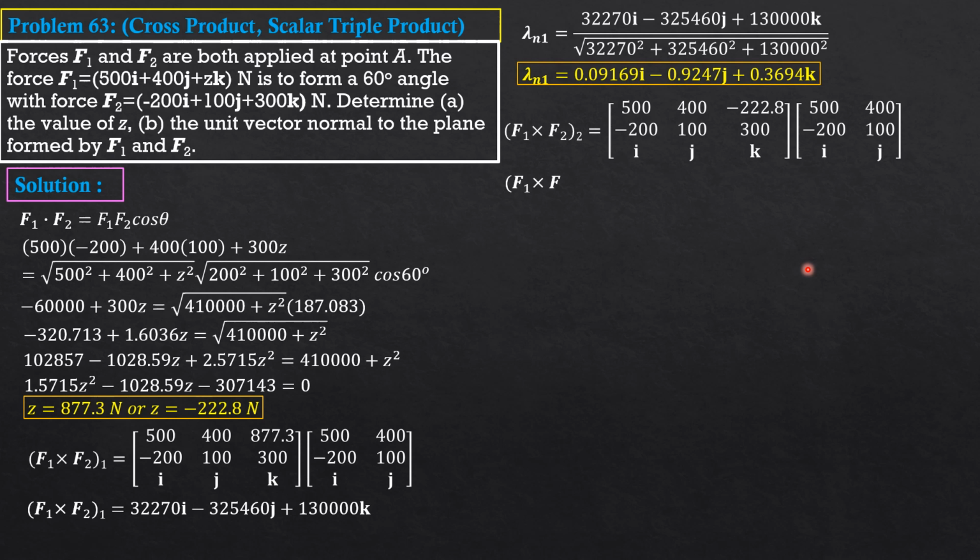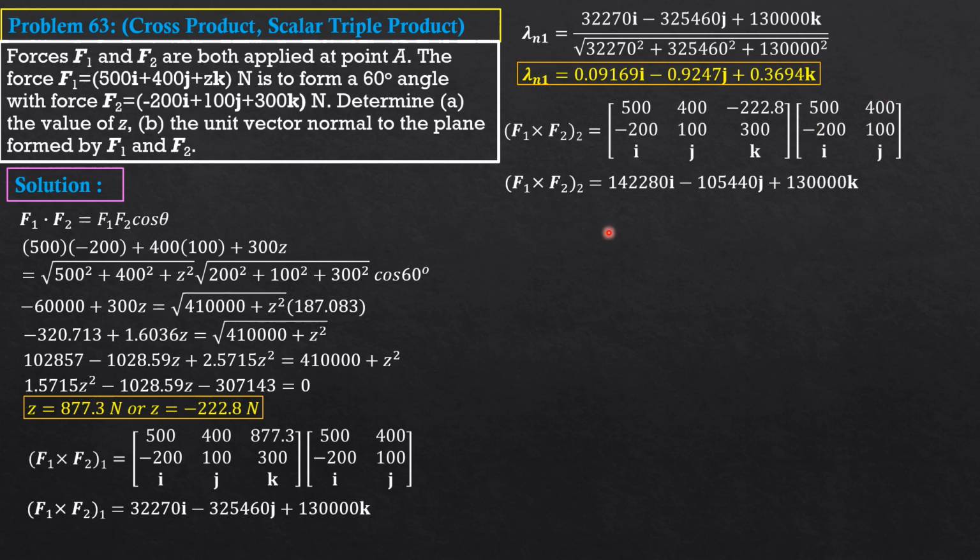Show that it is equal to 142,280 I. Then for J, negative 222.8 times negative 200 minus 300 times 500. So check if it is negative 105,440. Then for K, 500 times 100, then minus, since this is negative, so plus 500 times 100 plus 200 times 400, 130,000 K.